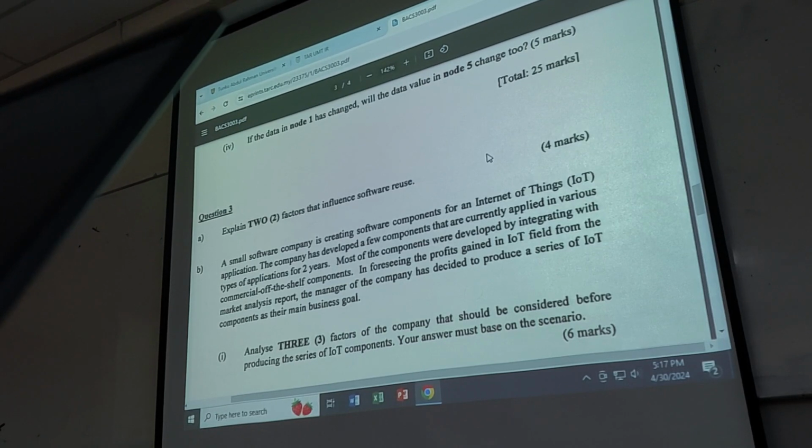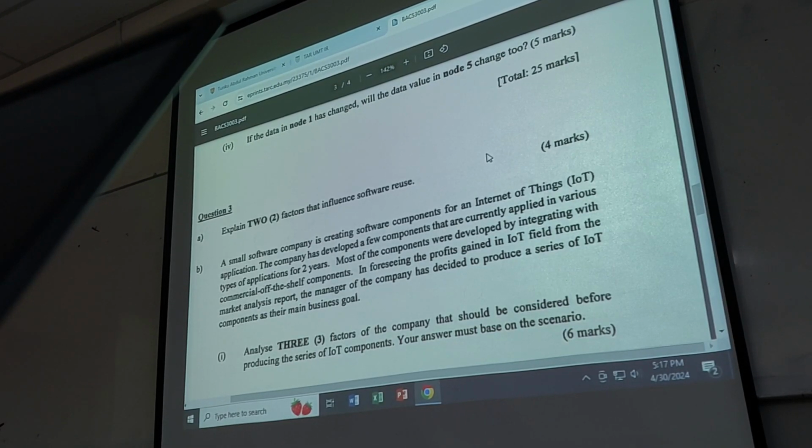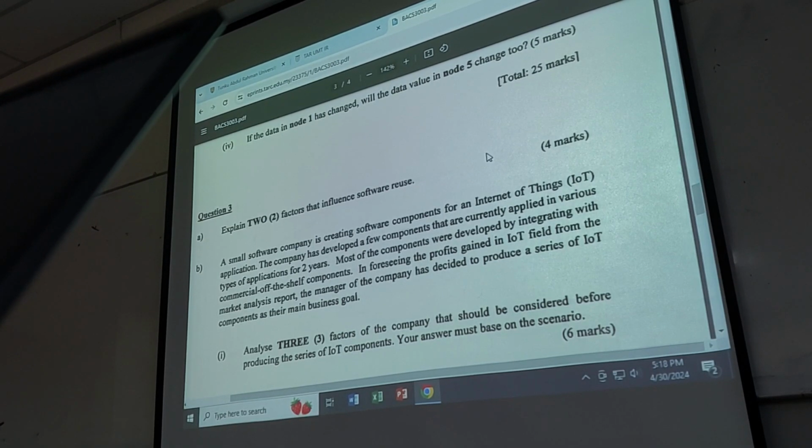So A. Explain 2 factors that influence the use. What are the 2 factors? Yes, our brother here.